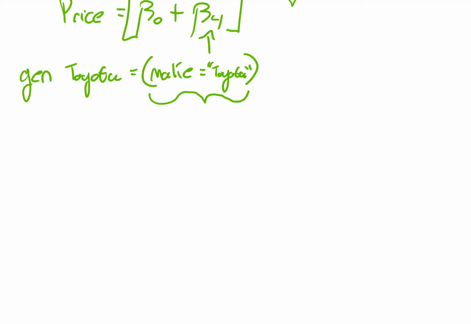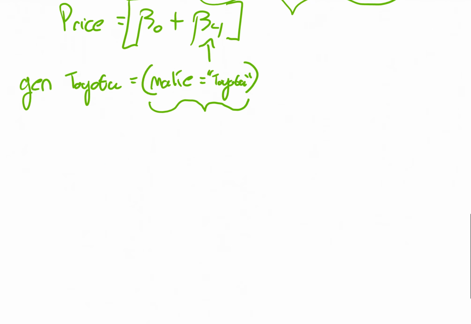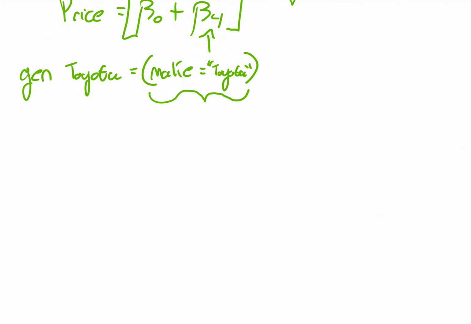But if I wanted to keep all these, if I wanted Toyota, Ford, Chevy, Kia, BMW, and I wanted to run that in Stata without going through the trouble of generating any variables, there's actually an easier way.